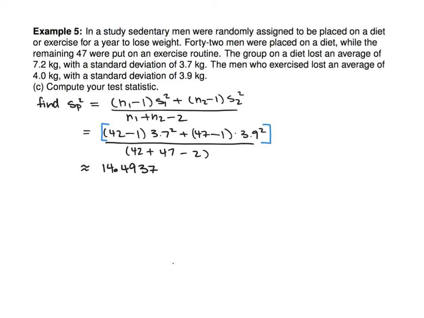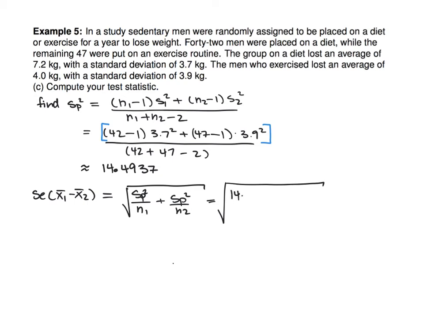Okay, and then next I'm going to find the standard error of x1 bar minus x2 bar. And since we're using the pooled case, this is the square root of SP squared over N1 plus SP squared over N2.